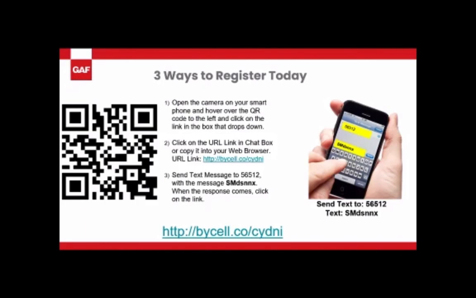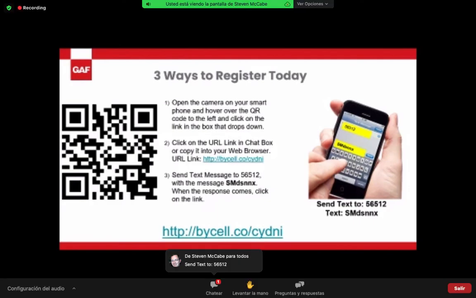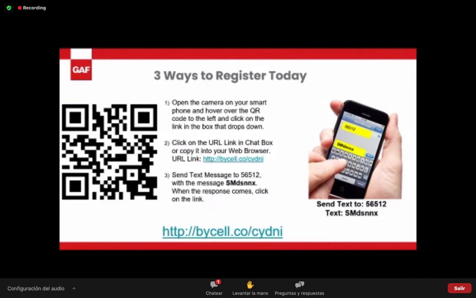And the third option is sending a text message. I've got those in the chat box right now. You can send a text message to 56512, and then in the text box, capital S, capital M, DSNNX. If you type in that, that will bring you to the link as well, or just click on that URL link right there.